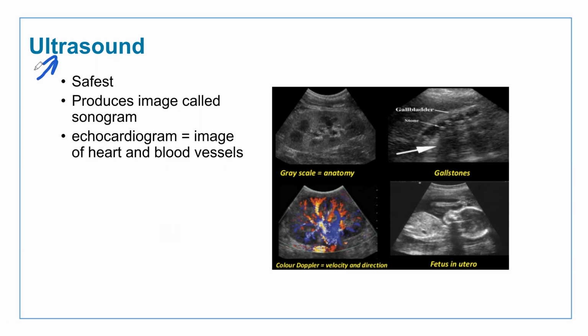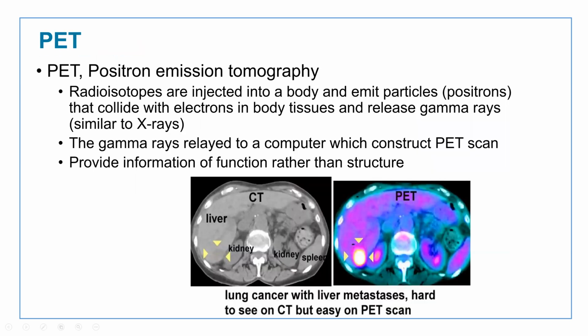Ultrasound is very often used to see the fetus inside the uterus. So it's shown in this picture, for example. However, ultrasound has very low resolution, and the image is not clear compared to MRI or CT scan.